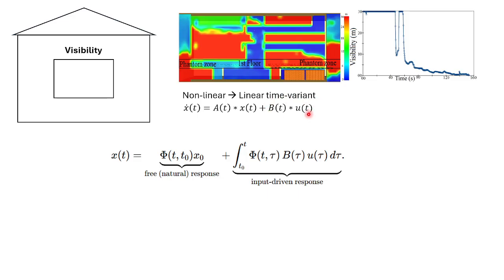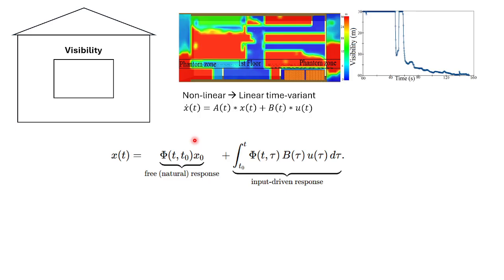Then this whole term would drop and we will just have x dot = Ax, and the solution would be x(t) = phi(t, t0) x0. I'm going to explain what phi(t, t0) is later, but I just want to tell you what happens if the input is 0. This is called the zero input response of the system.